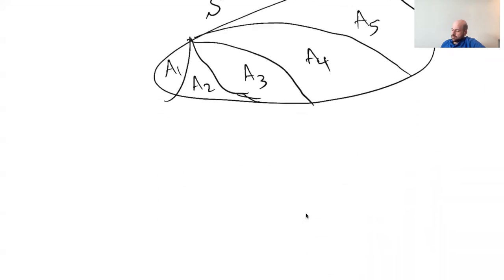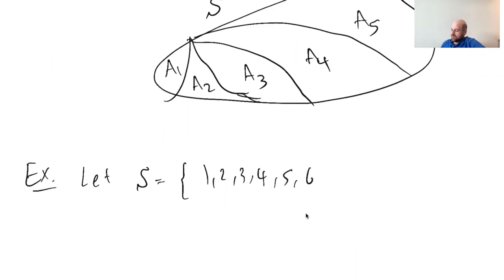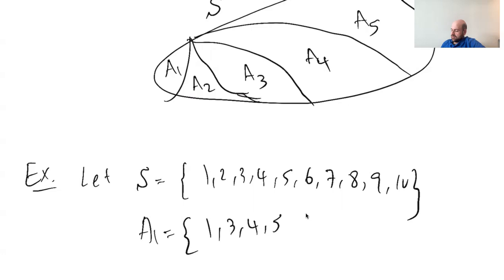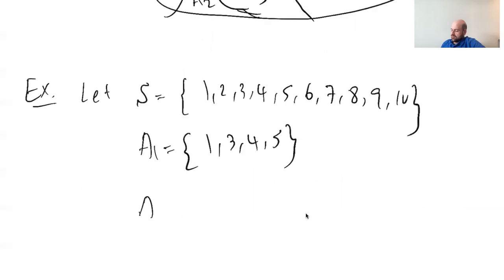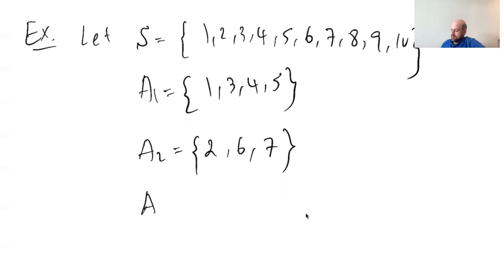Okay, so let's look at a simple example first. Let S equal 1, 2, 3, 4, 5, 6, 7, 8, 9, and 10. And let's say A1 equals {1, 3, 4, 5}, A2 equals {2, 6, 7}, and A3 equals {8, 9, 10}.